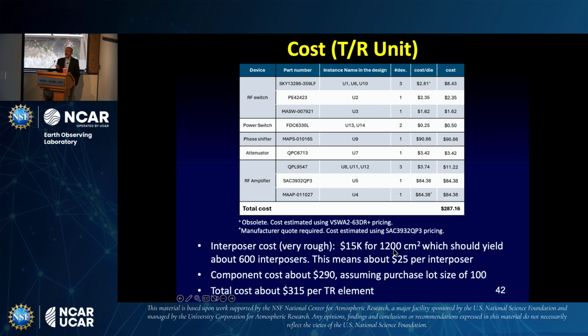Again, from the previous calculation, the fab cost would be about $15,000, which would end up being about $25 per interposer. So the total cost would be about $315 per TR element, of which $290 is electronic components and $25 is the interposer.